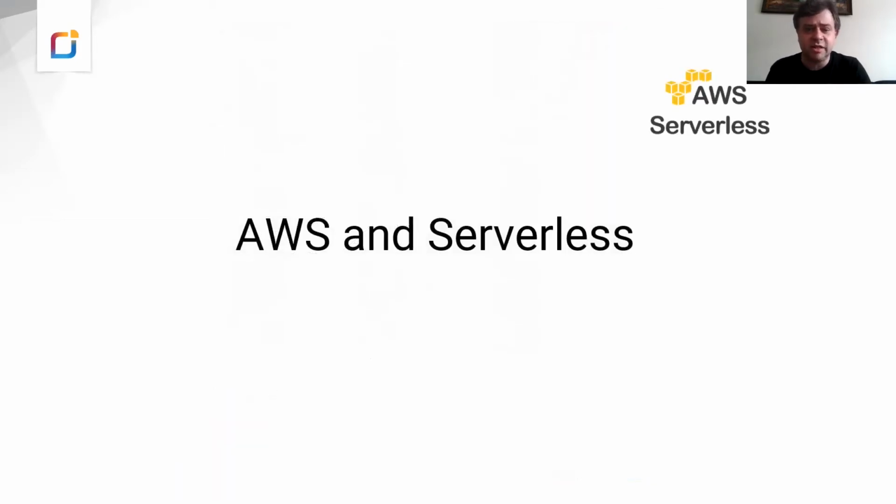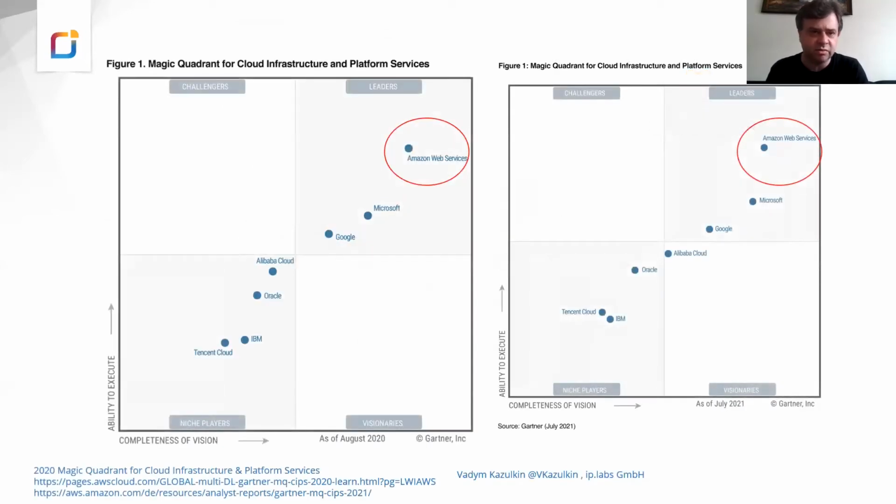Now we will look into AWS and serverless itself, and no surprise, AWS is the leader as a cloud provider. Depending on the quadrant, there are different categories like infrastructure, code, platform as a service, but nevertheless this is nearly the same picture. You have these big 3 cloud providers, and among the challengers, you won't see anything currently. They are quite above everything else, and AWS is number 1 in most categories because they simply started earlier and ate the market.